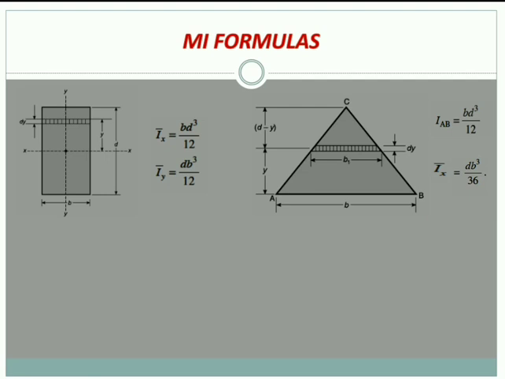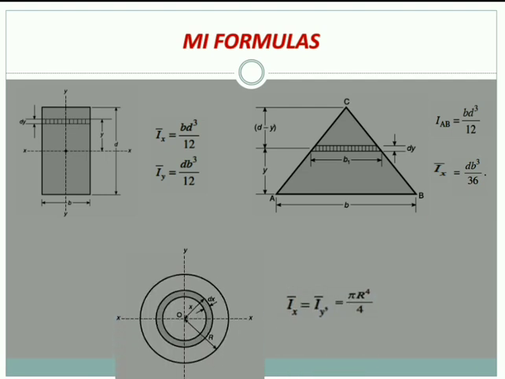Similarly, if you go for Iy, it will be DB cube by 36. So remember that in a triangle we get two relationships, one with respect to the centroidal axis, Ix and Iy, and one more with respect to the base.